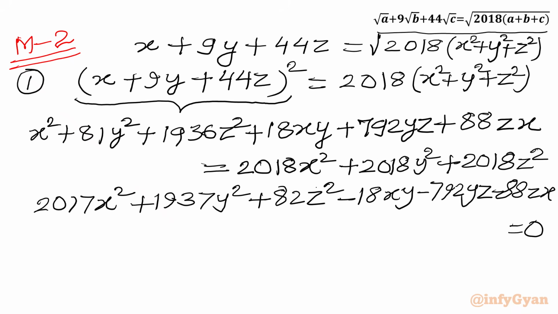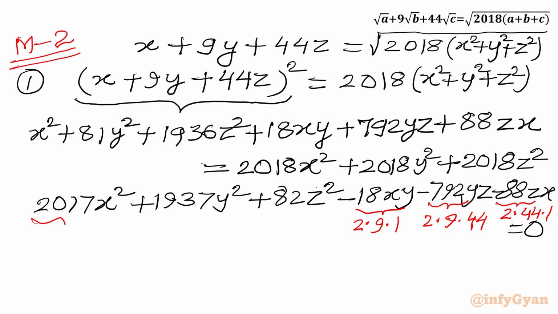Now we have one clue here to use completing the square. Here we have 18, so we will write 2 times 9 times 1, 792 is 2 times 9 times 44. Then we have 88, it is the 2AB product term, here we'll write 2 times 44 times 1.